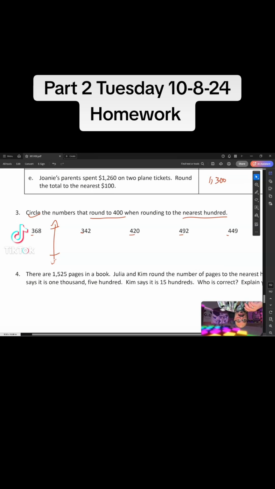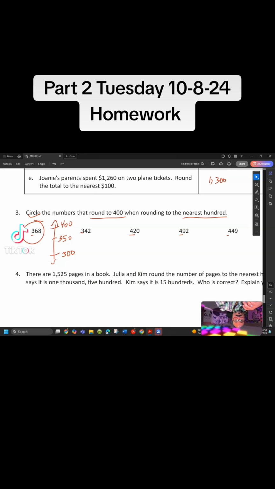368 is in between 300 and 400. Halfway would be 350. 368 is greater than 350, so it would round to 400, so I will circle it.